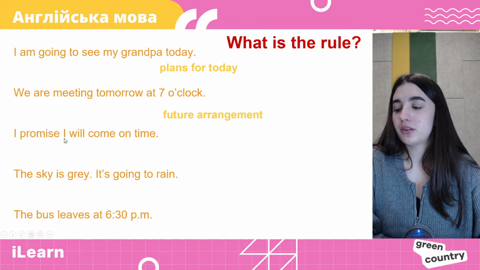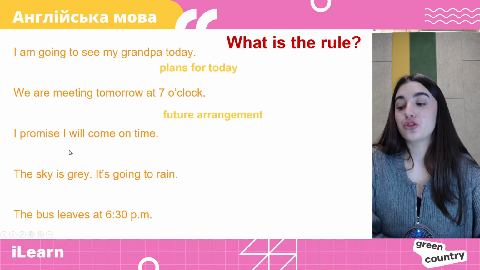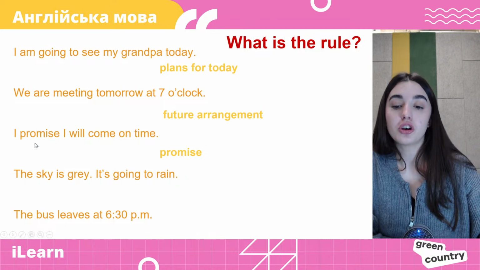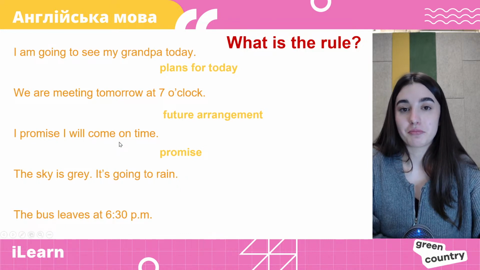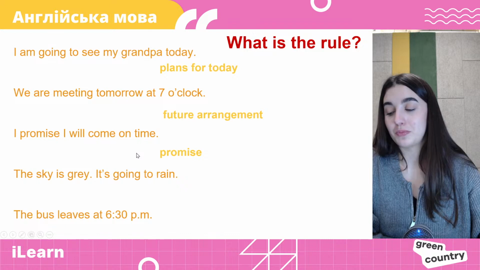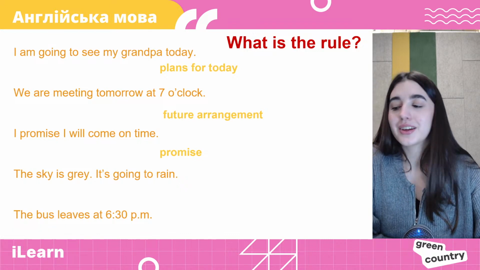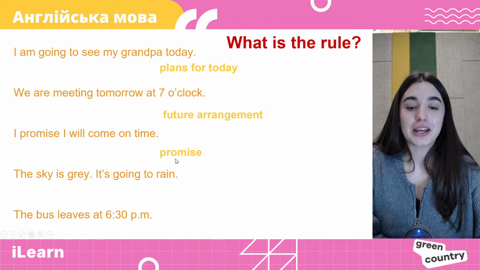Look, is it a prediction? Yeah, it is future simple that we use for promises. I promise I will come on time. Thank you, Solomia. And one more person, it was Coles. Okay, so yeah, great job.